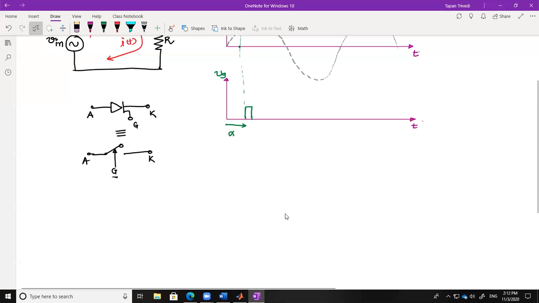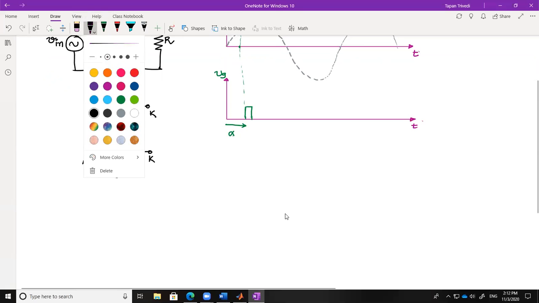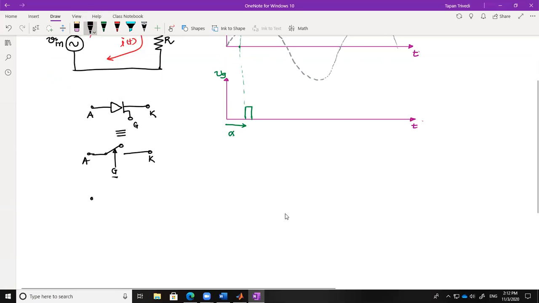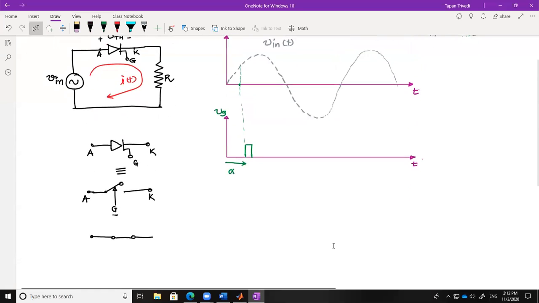Then the switch will act as a closed switch, and when it acts as a closed switch, you have two modes of operation.